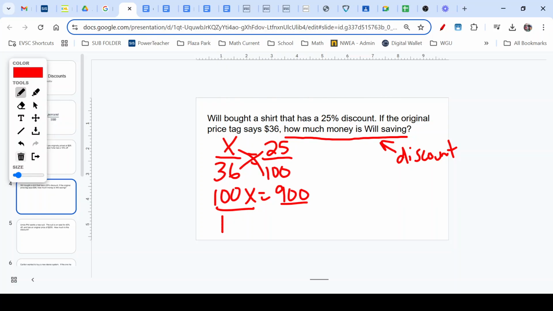Replace your information, do your cross multiplying, and pay attention to what the question is asking, because in this case it's just asking what is the discount.